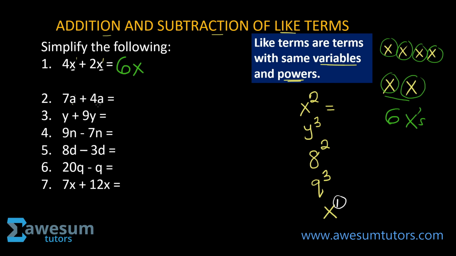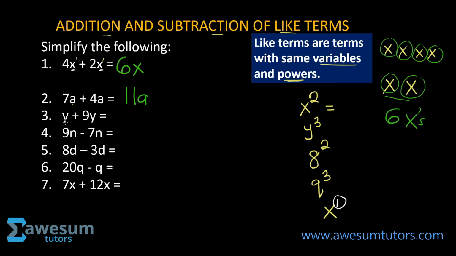These 7a and 4a have the same variables. Also, they have the same power. Take note, in all these examples, they have the same power, which is 1. So now 7a plus 4a, that means you have 7 a's and 4 a's. How many a's do you have altogether? You will have 11 a's. Your answer is 11a.